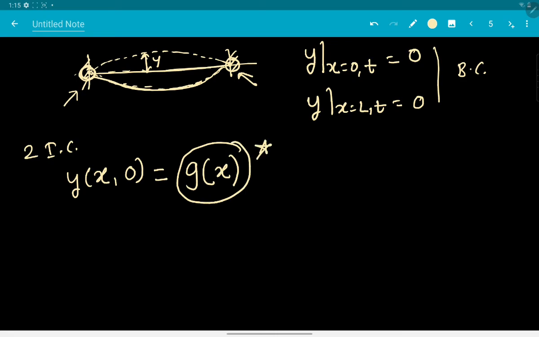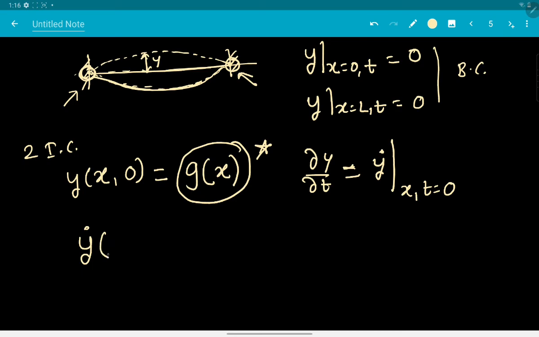Similarly, you will also provide velocity, ∂y/∂t, which we represent as y dot. This evaluated at all x values and at time t equal to 0, y dot at x and time 0, should be equal to another function f of x.